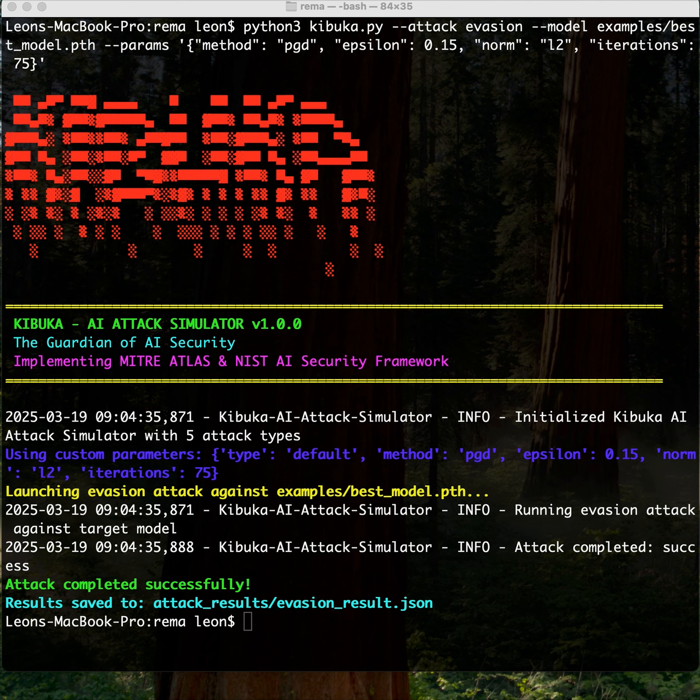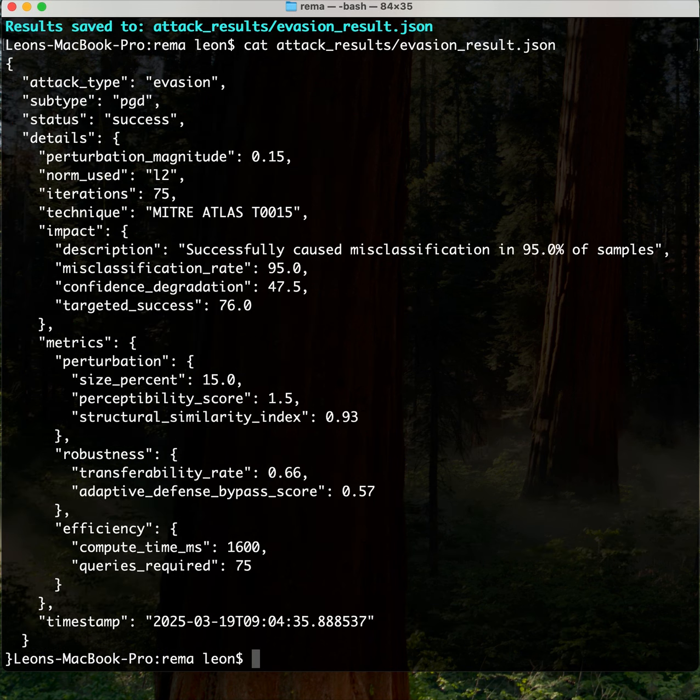And now let us look at the different metrics. So this is interesting. It has caused a misclassification in 95% of the samples. That is a 95% misclassification rate.